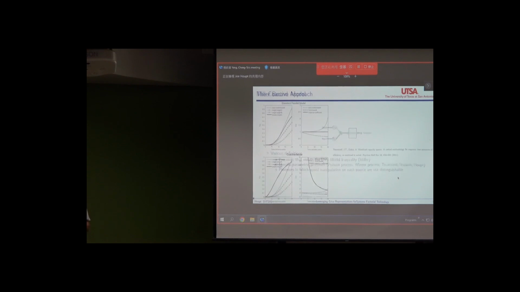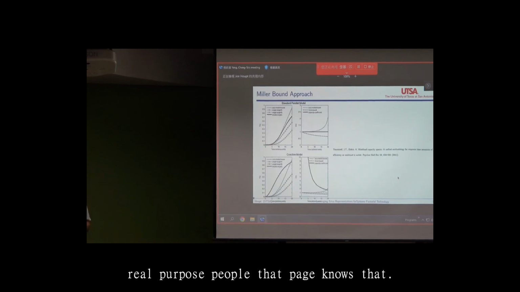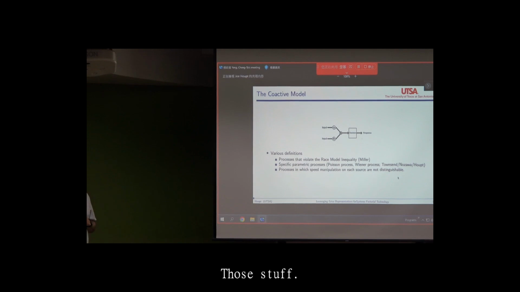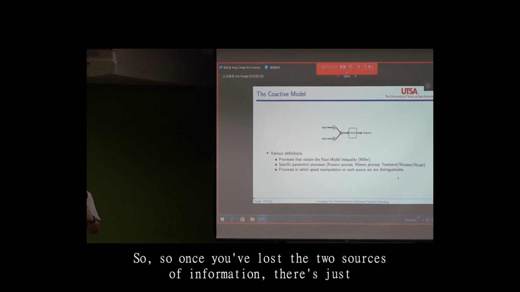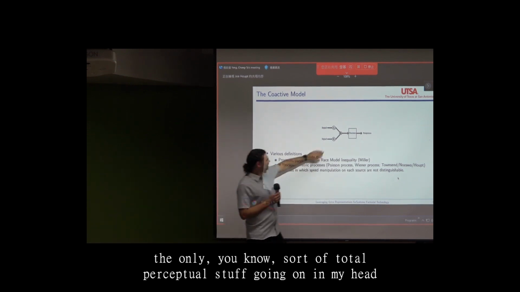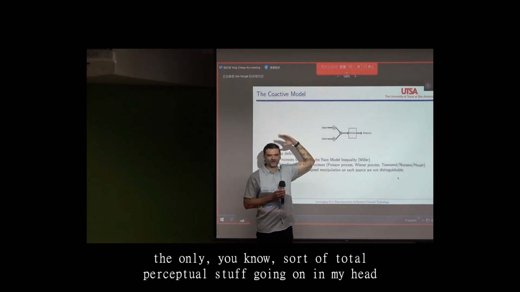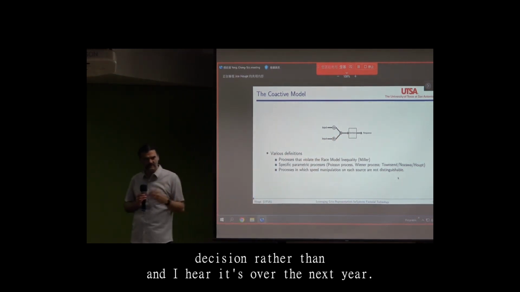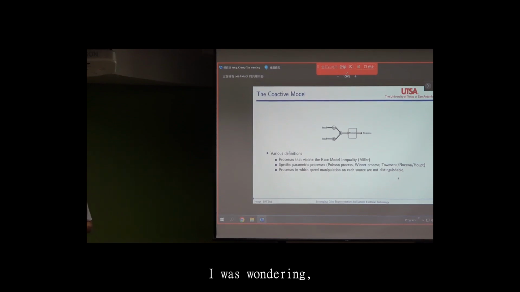Right, Joe, just to throw in there real quick, people over decades did not notice that you can't make logical decisions like OR and stuff like that, so you lose all that wisdom. Yeah, exactly. So once you've lost the two sources of information, there's only my total perceptual stuff going on in my head for the decision, rather than that I hear a tone or that I see a dot. Yeah, absolutely.